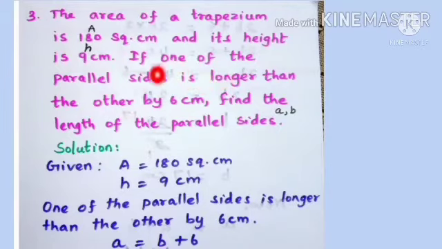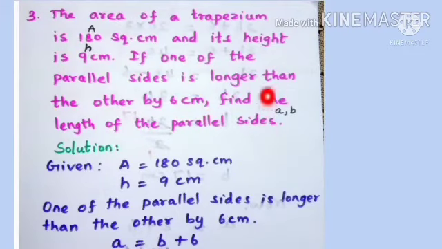Okay. So if one of the parallel sides, let it be A, so A is longer than B by 6. Which means A is equal to B plus 6. Longer than means we have to add 6 with B. We get A. Okay, which is the given condition. Find the length of the parallel sides.